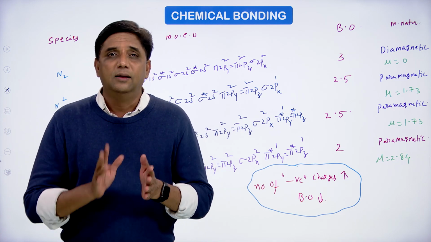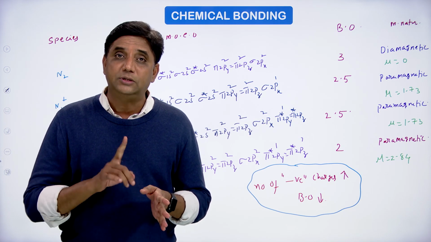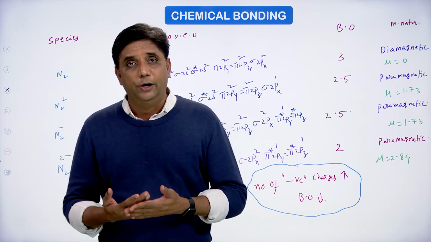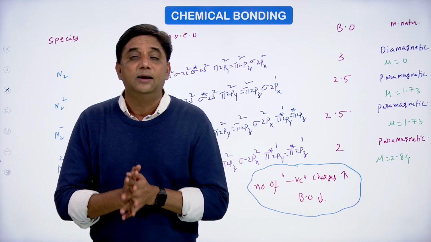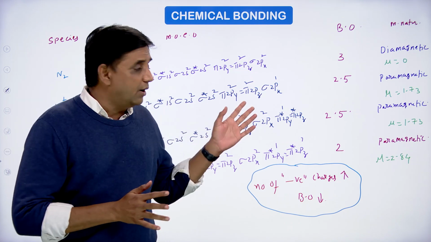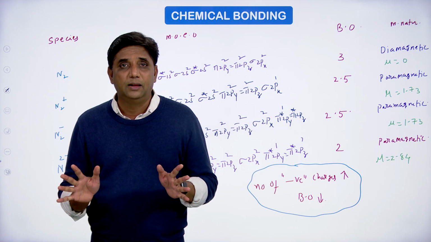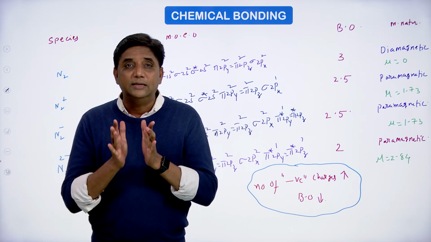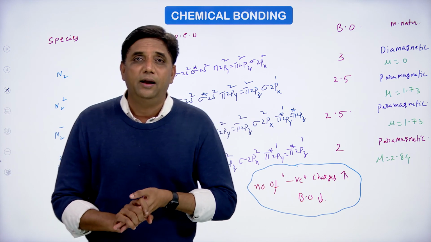Then we have done He2, Li2, Be2, B2, C2, N2 and N2 plus, N2 minus, N2 2 minus. All these species' molecular orbital energy diagrams we have discussed very clearly, and we have calculated the bond order, and we have seen the magnetic nature and everything. And this is the complete description of molecular orbital theory up to nitrogen.